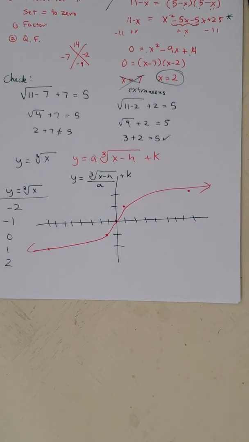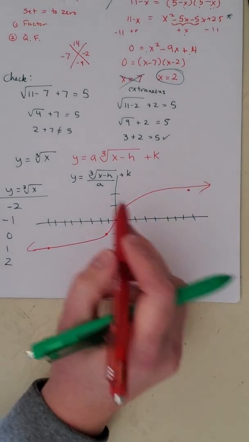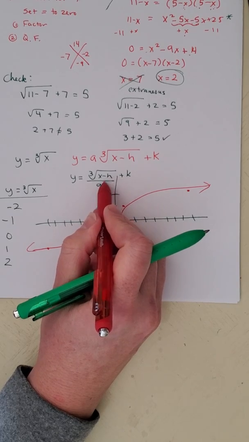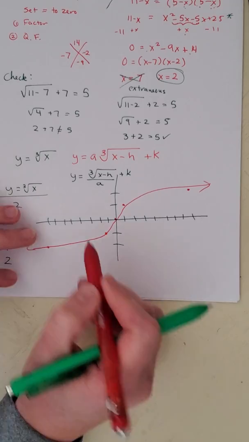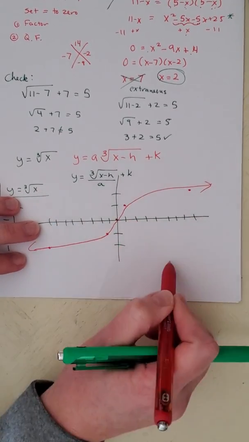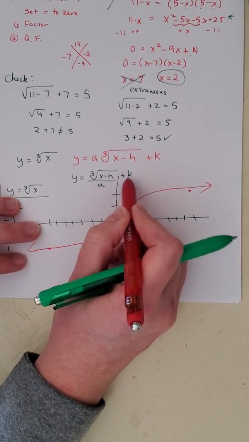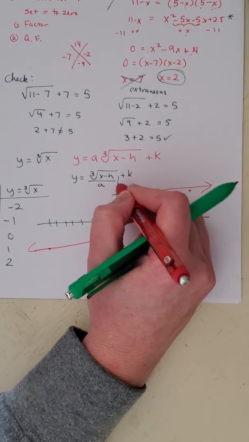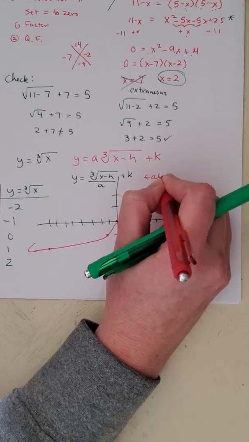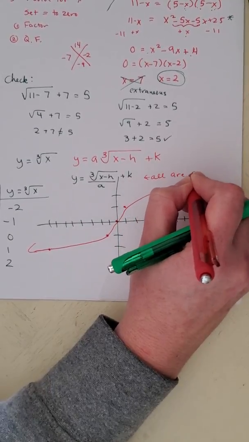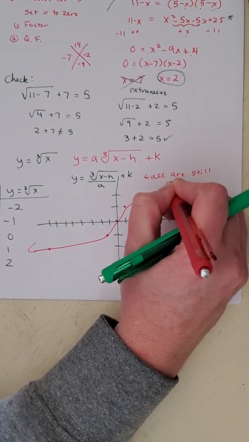Either of those would be valid. Regardless, scaling means stretching, right? Reflecting across, like this coming up here and this going down there, shifting left or right or up or down, none of those will change the fact that this is a one-to-one function. So all are still one-to-one.